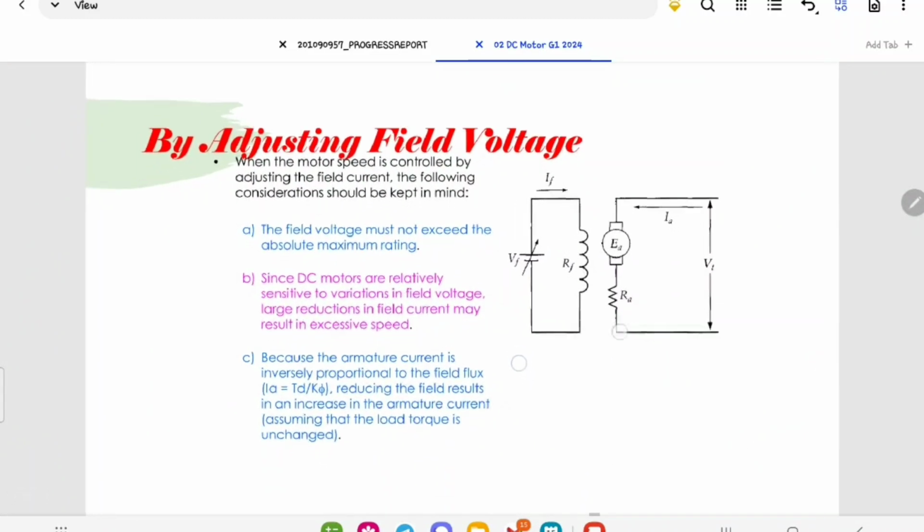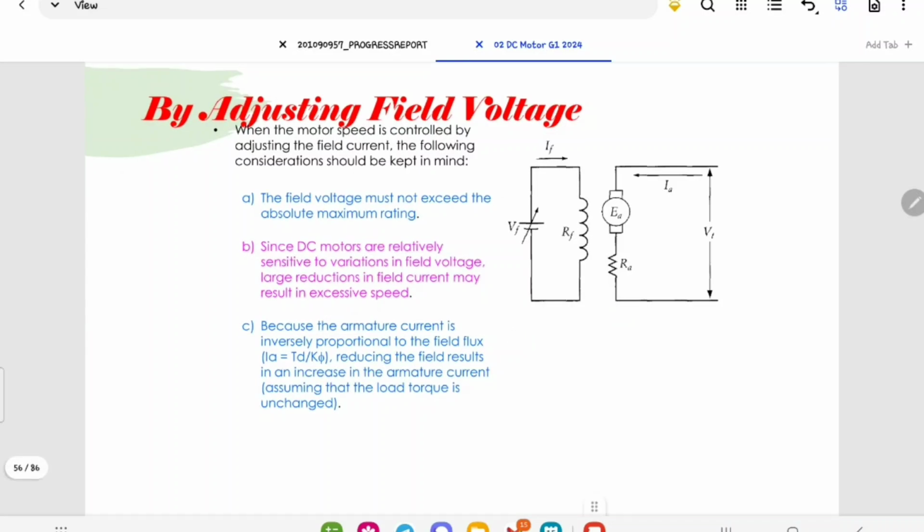Okay, next. By adjusting field voltage, when the motor is controlled by adjusting field current, you need to be aware that the field voltage must not exceed the absolute maximum rating. Let's say for this separately excited DC motor, we have a supply for both the terminal or armature and the field.